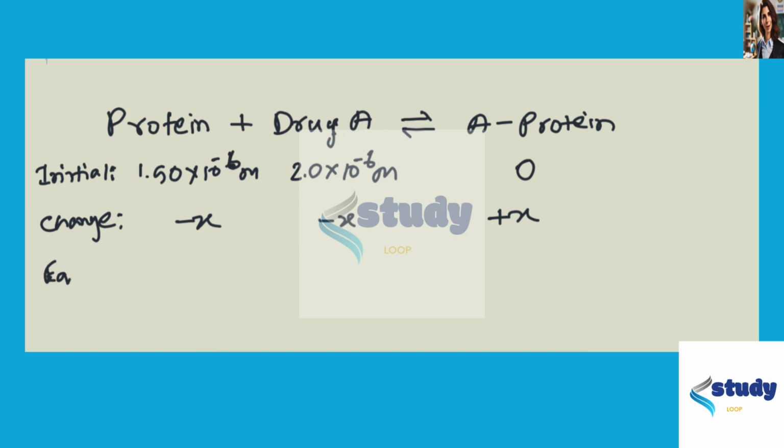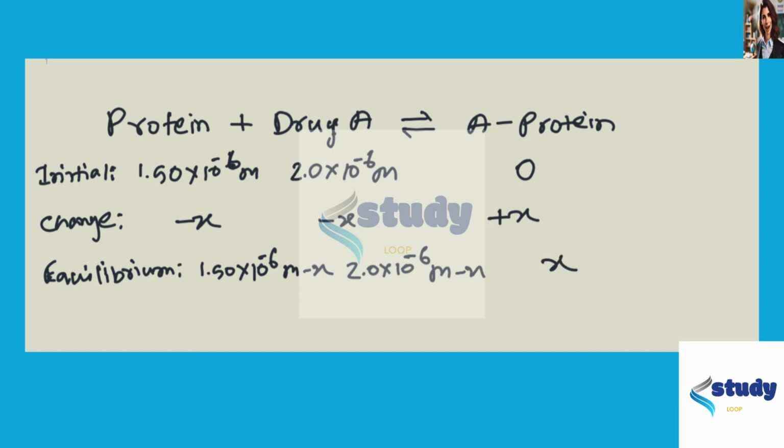And now at equilibrium, we will have the protein concentration as 1.5 times 10 to the power minus 6 M minus x, for the drug A it will be 2 times 10 to the power minus 6 M minus x, and for the drug protein complex it will be only x.